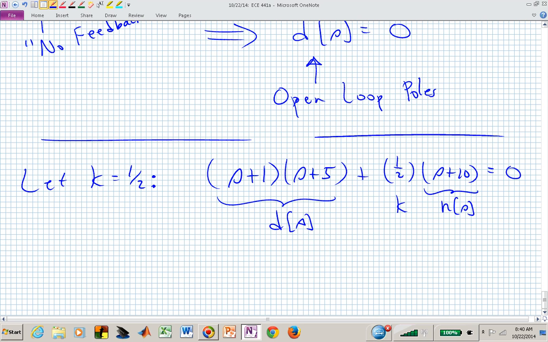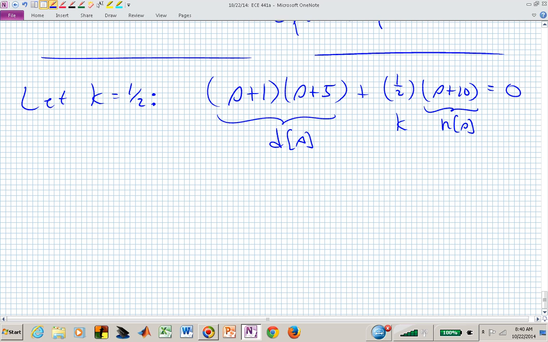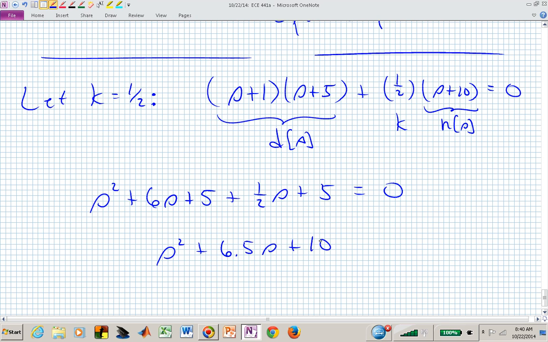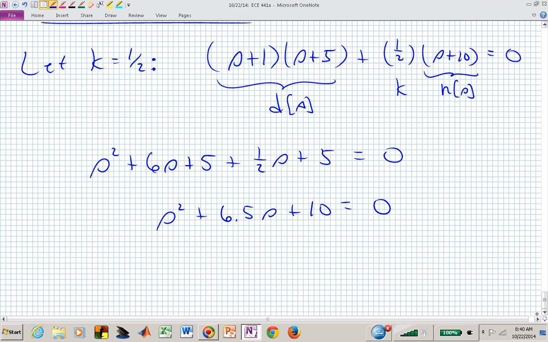We can just push through the numbers. We now have s squared plus 6s plus 5. That's d of s multiplied down. Plus 1/2 (s plus 5) equaling 0. Or that's now s squared plus 6.5s plus 10 equal to 0. And we have some ace algebra factors here in the audience.